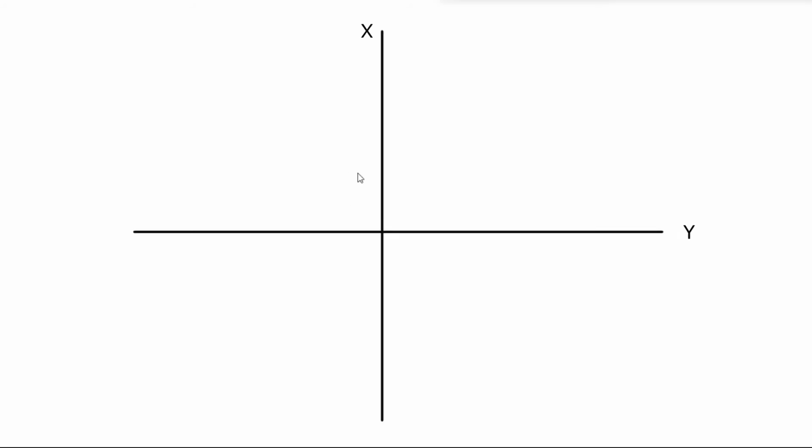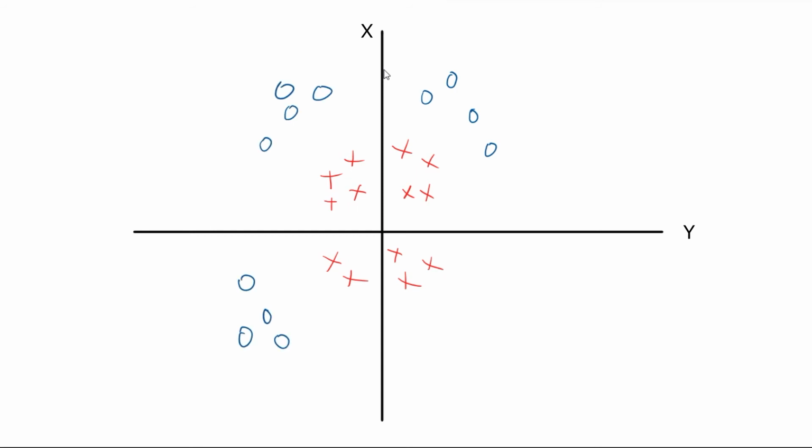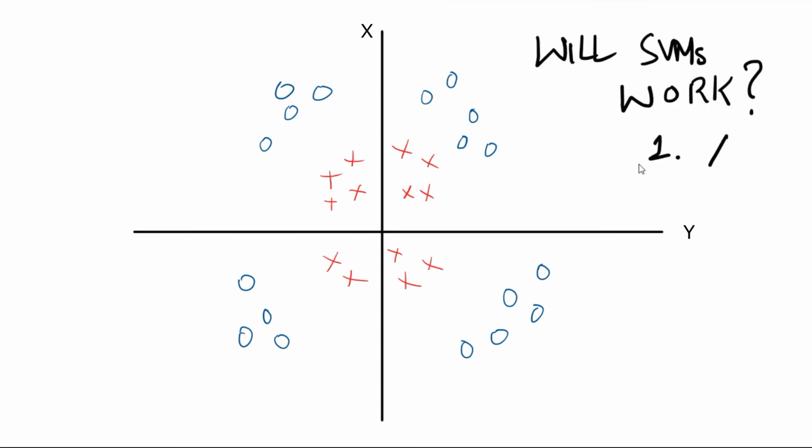I'm going to give you a very tricky data set. There are a couple of red X's clustered around the origin of this coordinate system X and Y, and there are a whole bunch of O's that lie more on the edges. Based on what you have learned so far, do you think support vector machine can give you a linear separation here? Yes or no?